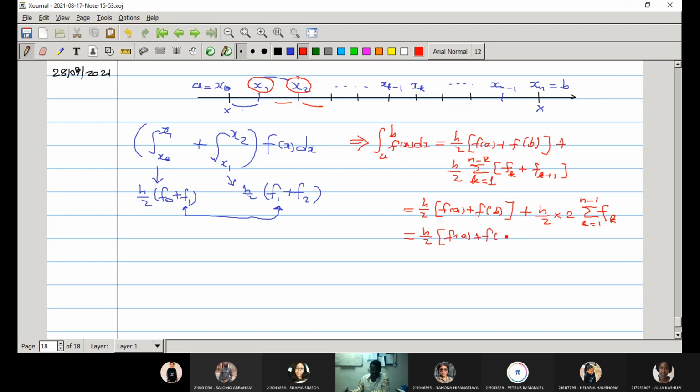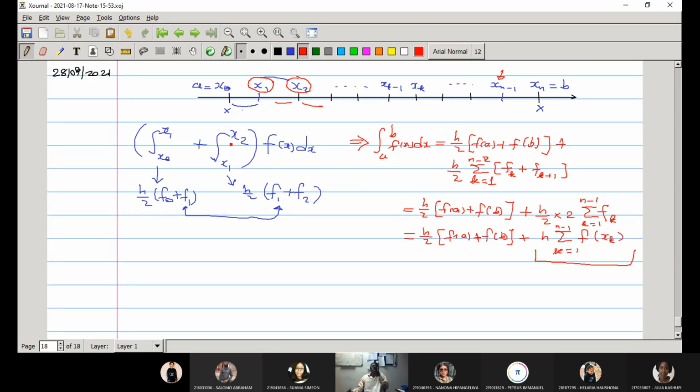I already explained this yesterday, I'm just repeating. That will give h times the summation, k taking the value 1 to n minus 1, of f sub k, which is f(xk). It's the same thing. So this is what we have. You can see that f of x1, which is an interior point, is here up to this one. These are all the interior points, so all the interior points will be grouped into this summation.